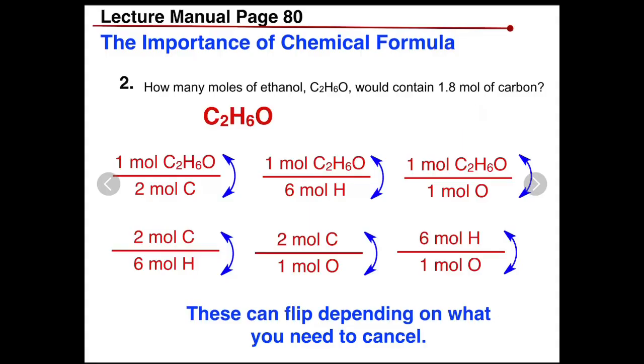We are going from mole of carbon to mole of ethanol. So the conversion factor that we derived earlier has to connect between the two. You need to have carbon and ethanol in that ratio. So pretty much the first one is what we are going to use to convert to mole of ethanol.